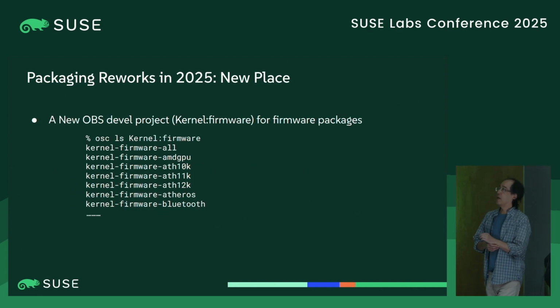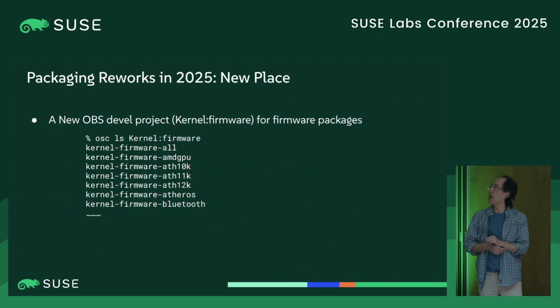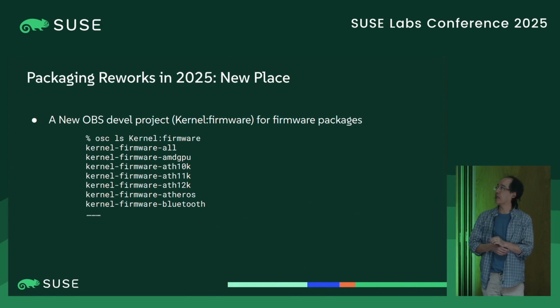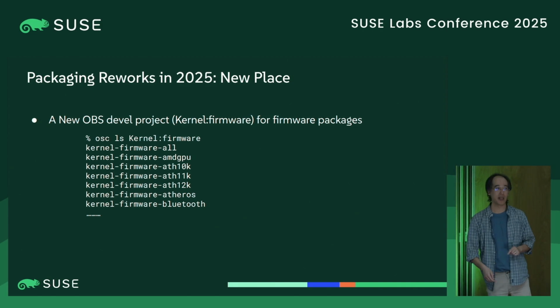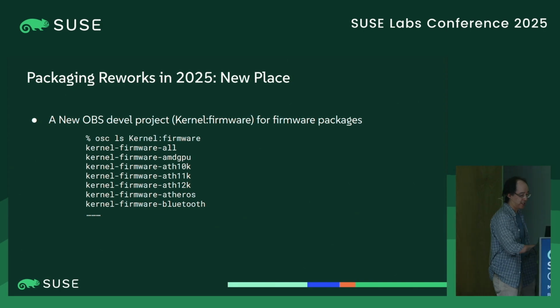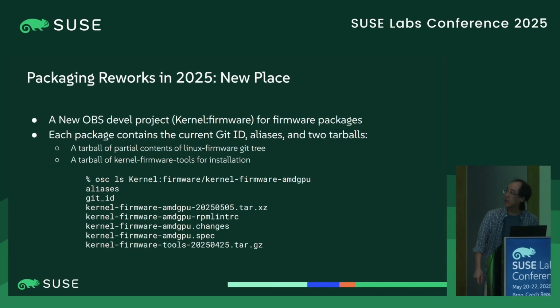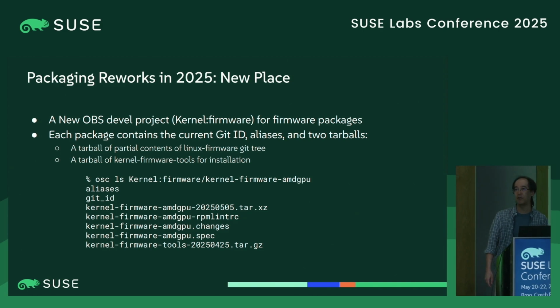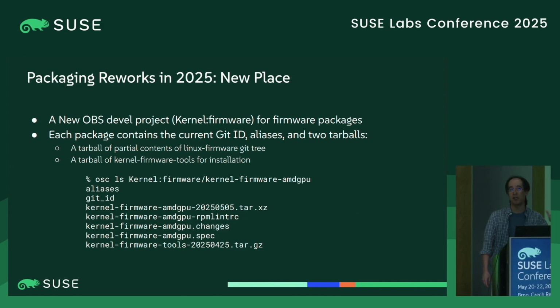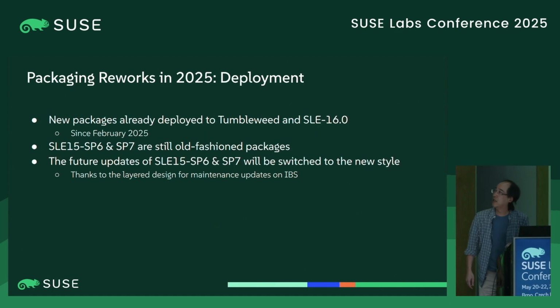And at the same time, we created a new OBS development project, Kernel:firmware, containing all kernel firmware packages. Each package's sources are simplified to have only two tarballs: the partial contents of the Linux firmware Git tree tarball and the kernel firmware tools tarball.